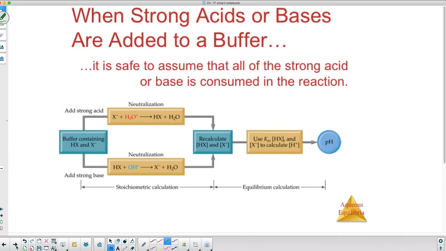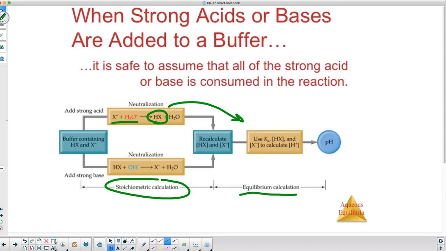So when strong acids or strong bases are added to a buffer, these are the steps for figuring it out. I'm not going to go over this very long. Our first step is reacting the acid and the base, figuring out how they interact.